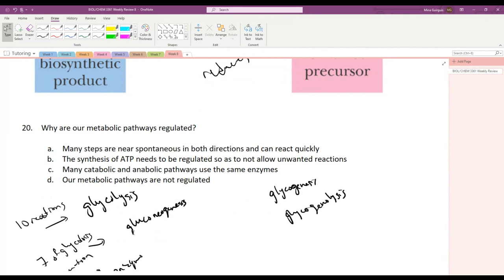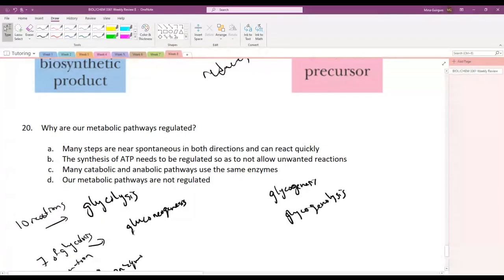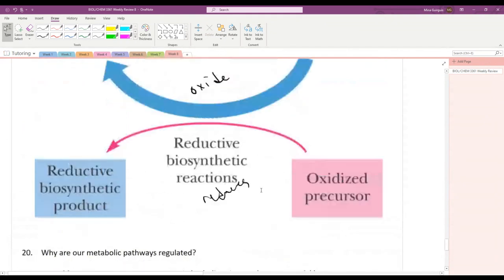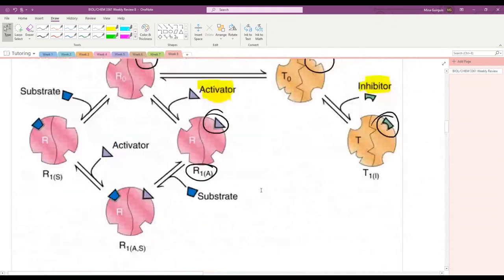And so because of that overlap, the few reactions that aren't exactly identical need to be very heavily regulated, okay? And it's a very similar story with glycogenesis and gluconeogenesis, glycogenesis and glycogenolysis, but I don't want to go too deep into that because that's a little bit later down the line. I believe it's actually on exam 4, so I don't want to waste your time on it when exam 3 is more pressing. So I'm just going to do a quick recap, and that's it for today.